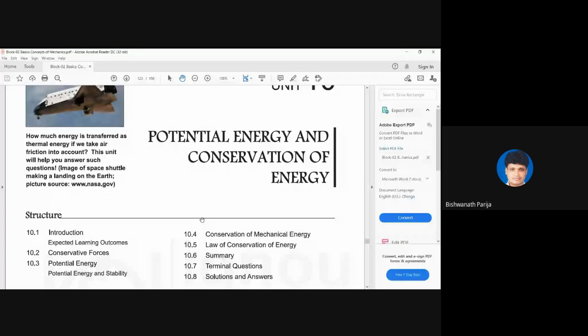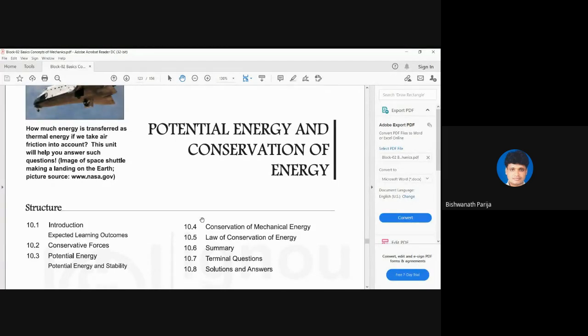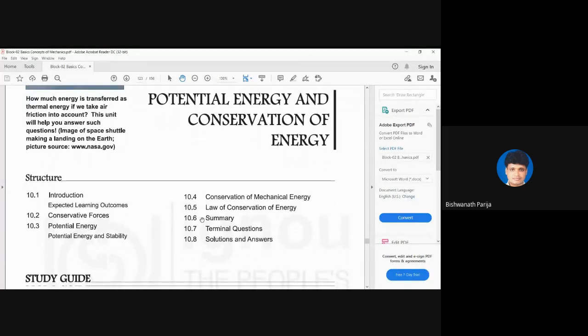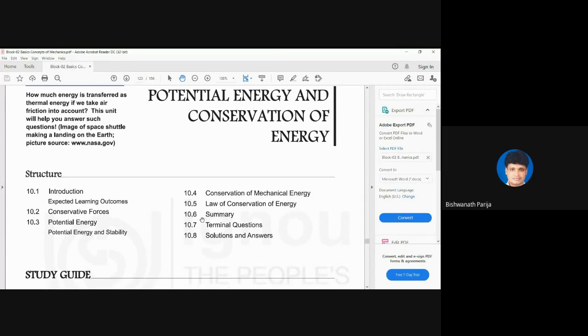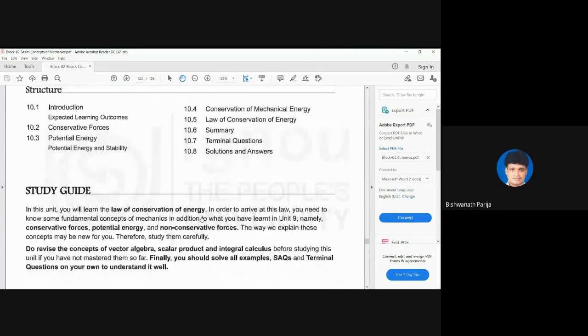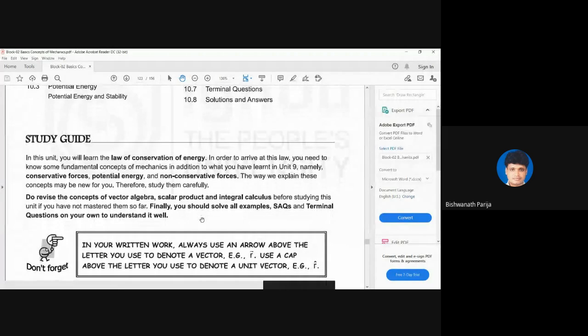Now we come to potential energy and conservation of energy, or mechanical energy, where you have kinetic and potential energy.